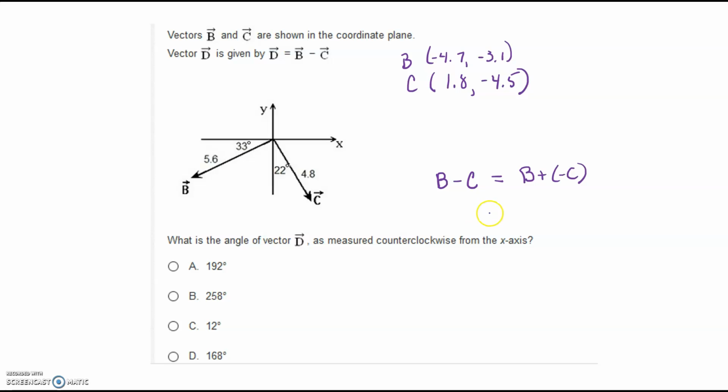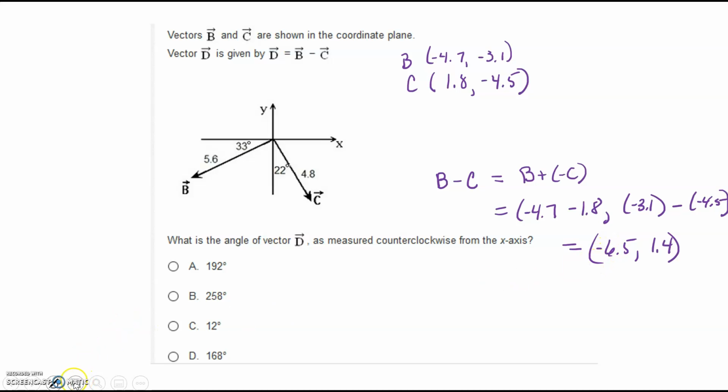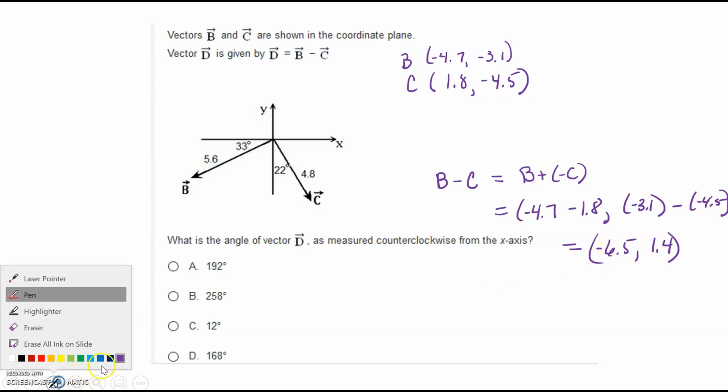So I have negative 4.7 minus 1.8, and then negative 3.1 minus negative 4.5. Okay, so I get negative 6.5 and 1.4 as my components.